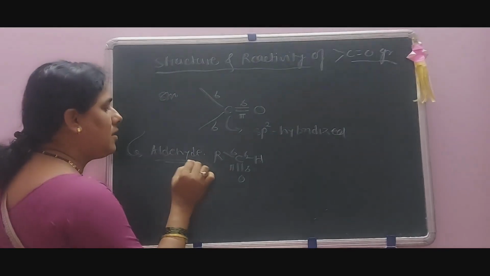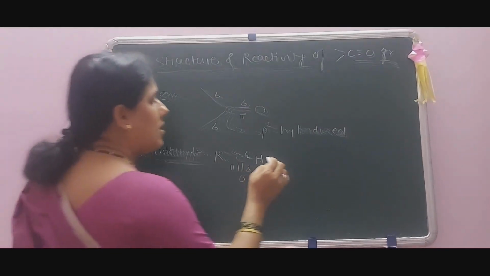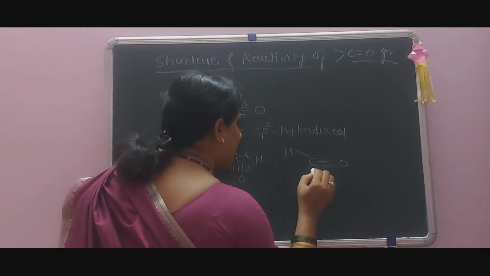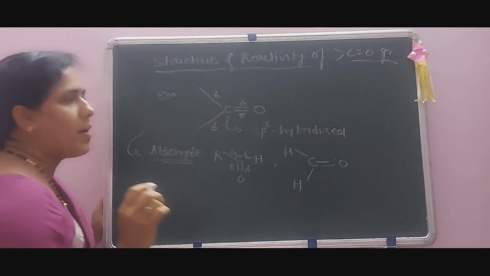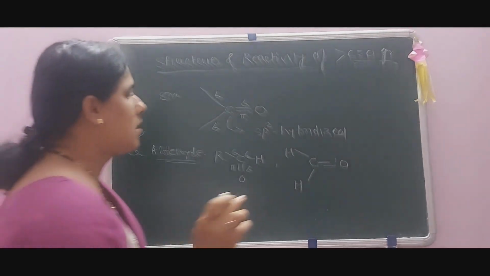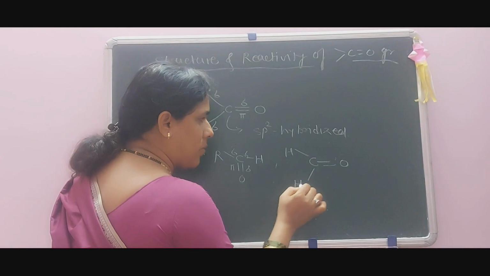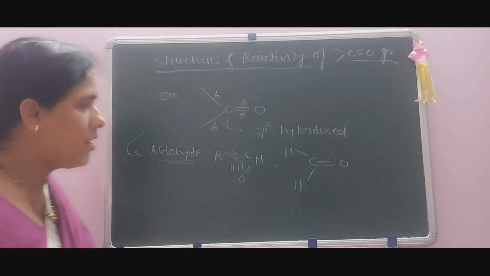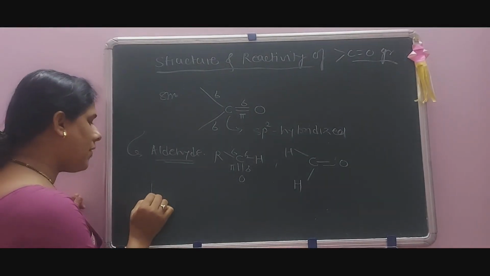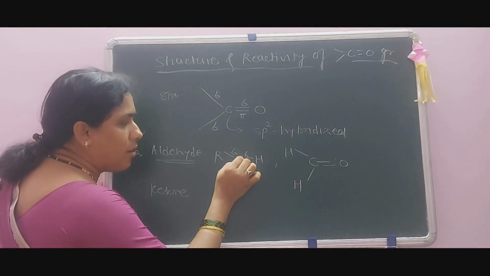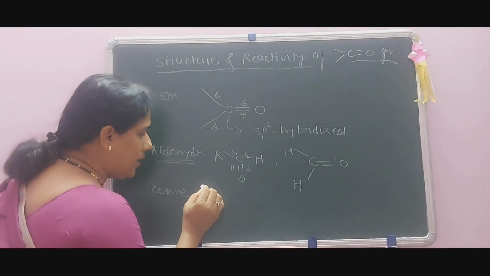That is an aldehyde. When we consider formaldehyde, the sp2 hybridized orbitals of the carbon atom combine with one hydrogen, another hydrogen, and one oxygen.